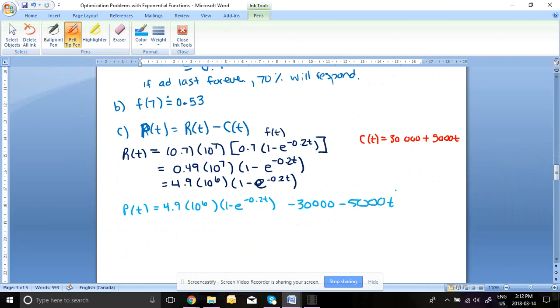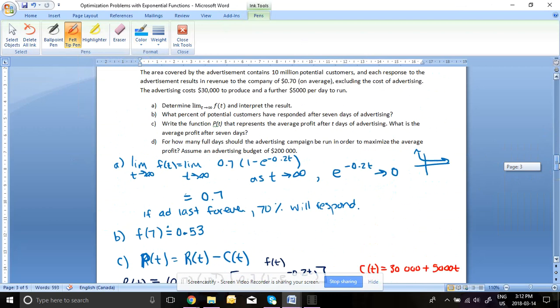Okay, make sure those are both being subtracted. Okay, so if we find our potential profit after 7 days, we just put 7 in for t in both of those spots, and you would get $3,627,000.